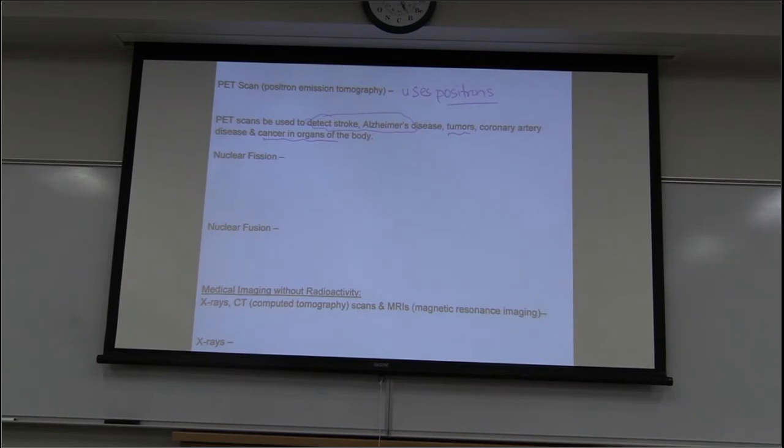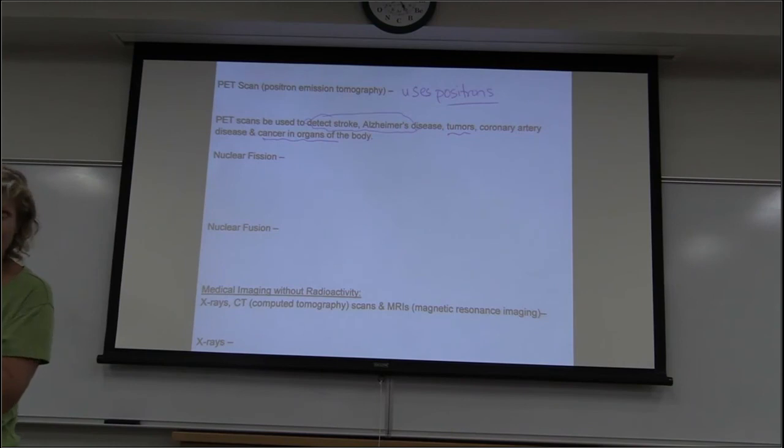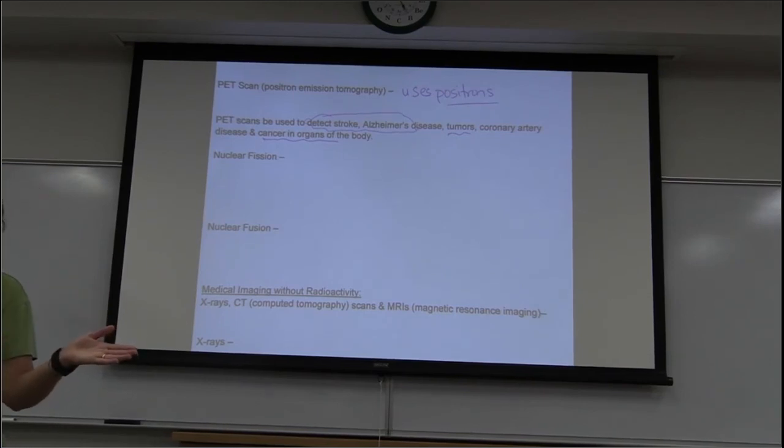Your brain. So let's say that they do this to me and they scan my brain, and they have all this activity all over the place except right there. Right there is black. That means there's no activity there. That means that part of my brain is dead. That then explains the symptoms that I'm having.